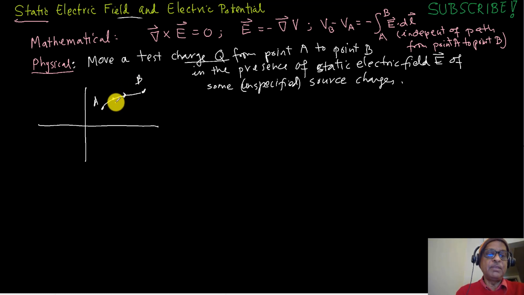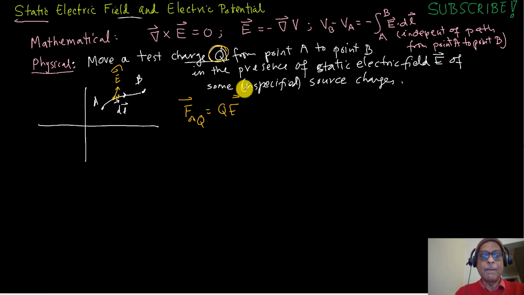If I want to move it a distance dl, the electric field at this point may be pointed that way. Let's say the test charge Q is positive. So the force on Q, you may remember, is Q times E.